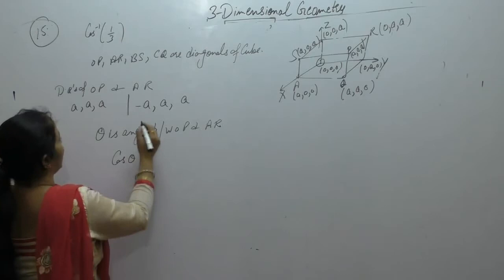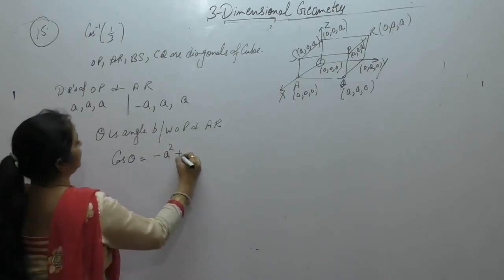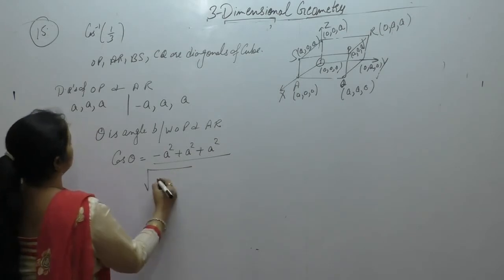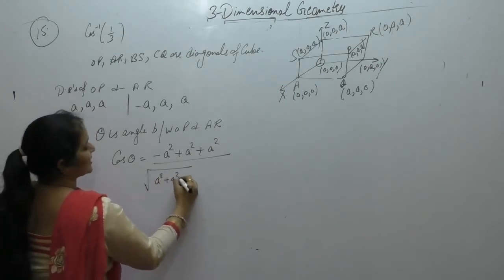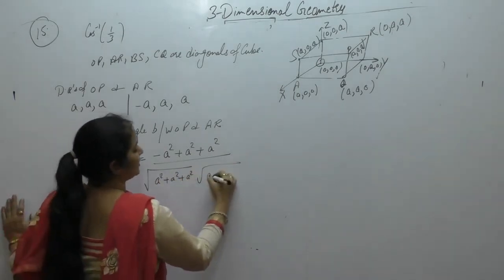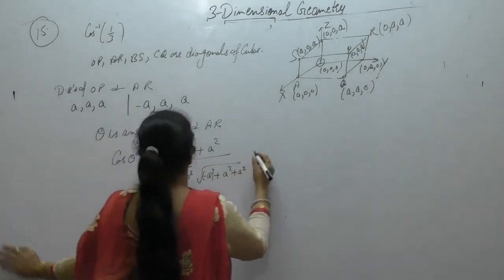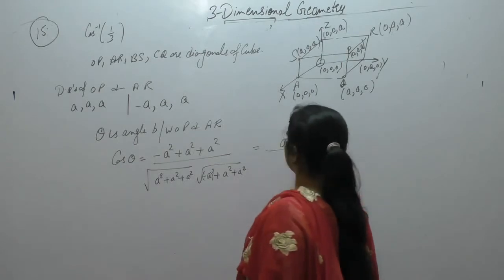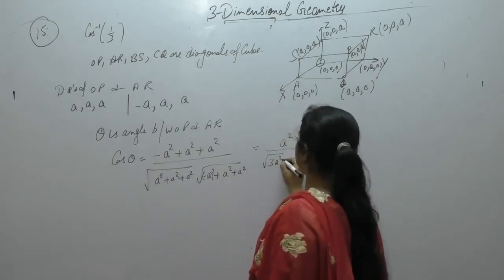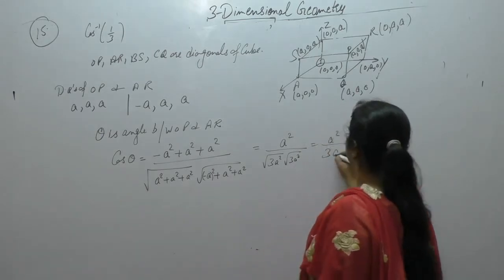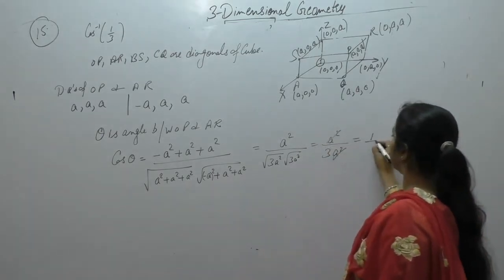Then cos theta is minus a into a plus a square plus a square upon the square root of a square plus a square plus a square, times a square plus a square plus a square. So we get a square upon the square root of 3a square, times, that is a square upon 3a square, which is 1 by 3.